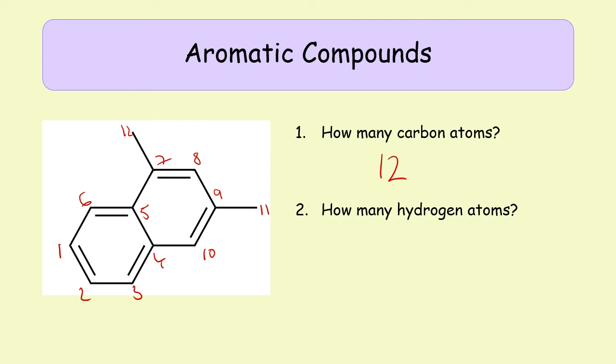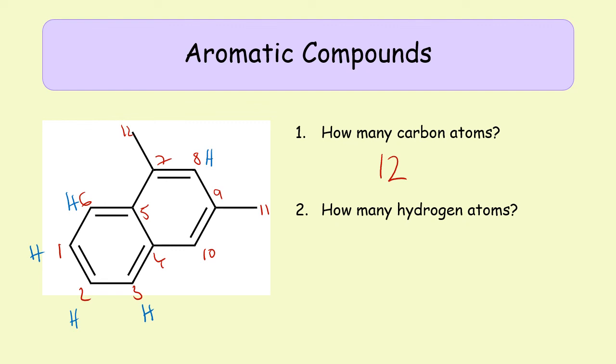With our hydrogens, so carbon number 1, 3 bonds, so 1 hydrogen. Carbon number 2, 3 bonds, so 1 hydrogen. 3 bonds, 1 hydrogen. Carbon number 4 has 4 bonds, no hydrogens. Carbon number 5, 4 bonds, no hydrogen. Carbon number 6, 3 bonds, 1 hydrogen. Carbon number 7, 4 bonds, no hydrogens. Carbon number 8, 3 bonds, 1 hydrogen.